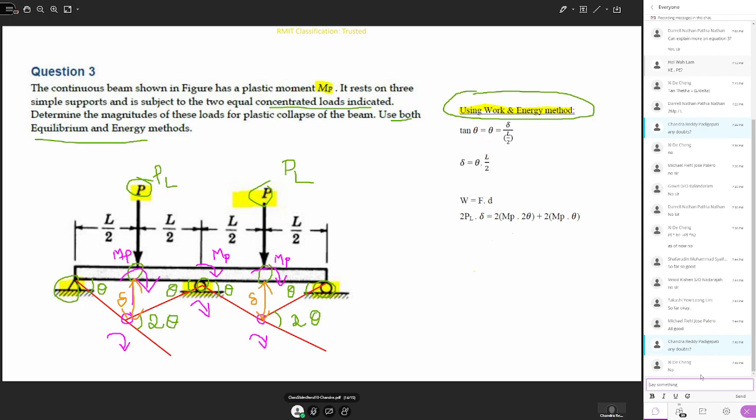The total work done by these two loads, you can write PL into delta plus PL into delta, the work done by the plastic loads. So the total work done will be 2 PL into delta.